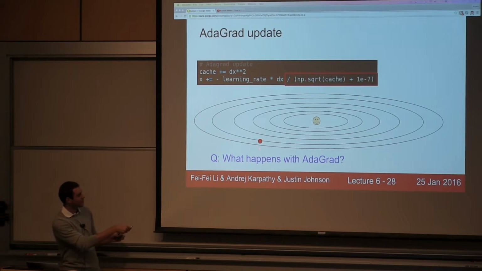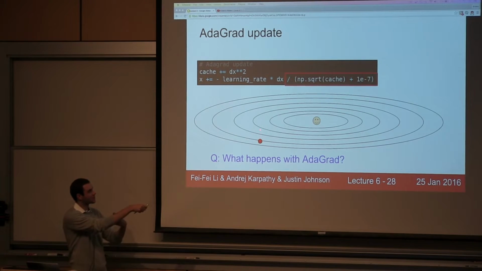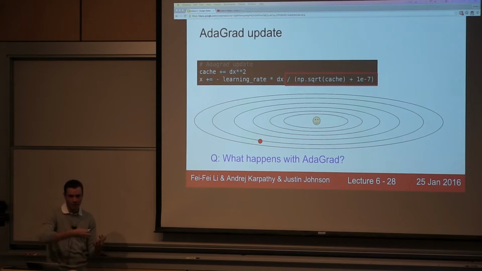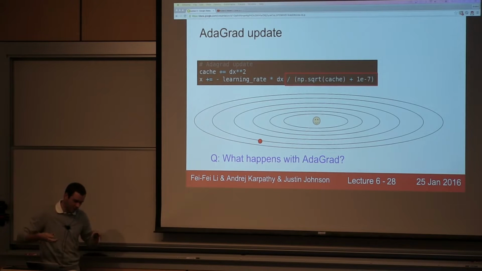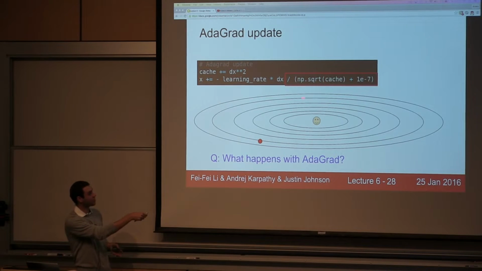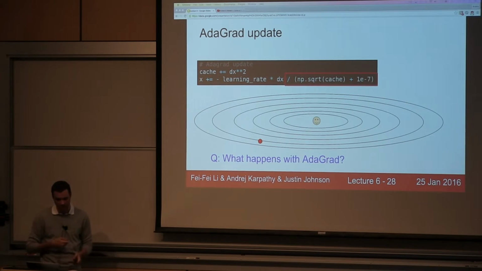Since we're seeing lots of large gradients vertically, this will decay the learning rate and make smaller and smaller steps in the vertical direction. But in the horizontal direction, it's a very shallow direction, so we end up with smaller numbers in the denominator, and relative to the y dimension, we're going to make faster progress. So we have this equalizing effect of accounting for the steepness, and in shallow directions you can have a much larger learning rate than in the vertical directions.